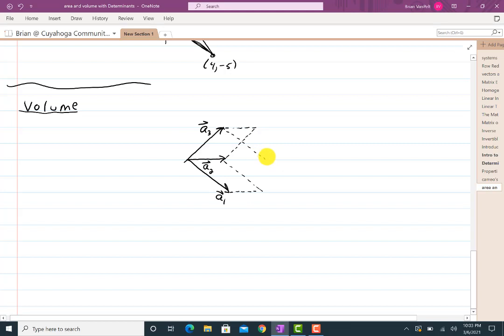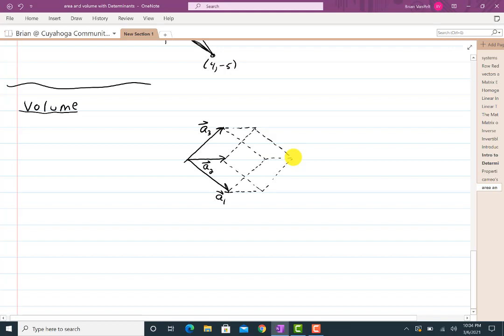Try to go for as long as A1 is there, and then here, like so. Looks like I got what I want. And then now let me go ahead and finish this box off. There, I think I got my nice three-dimensional figure there.